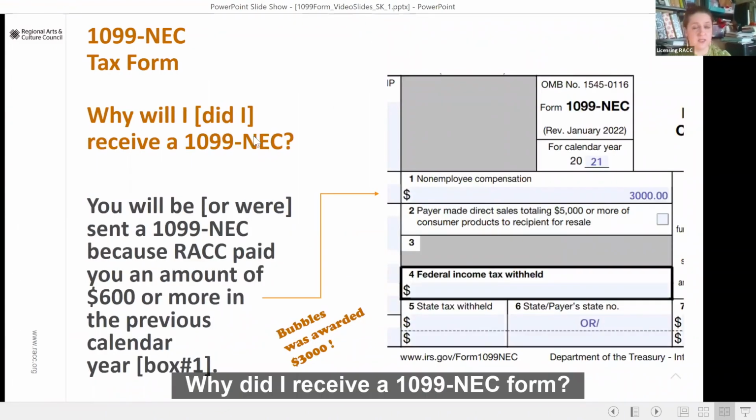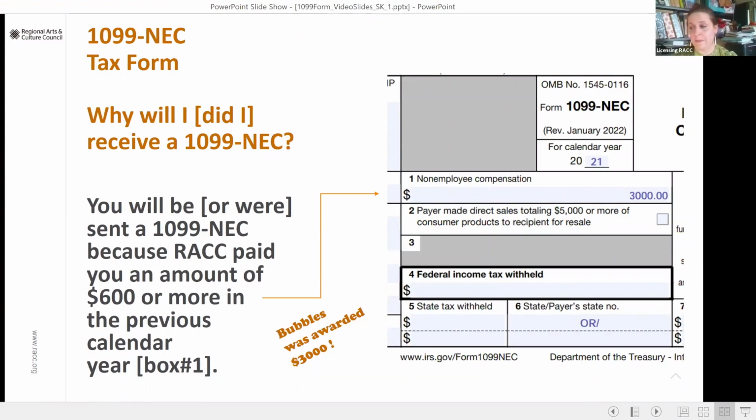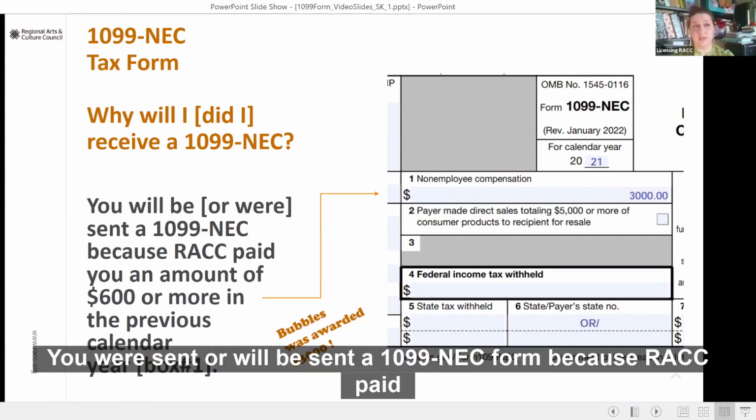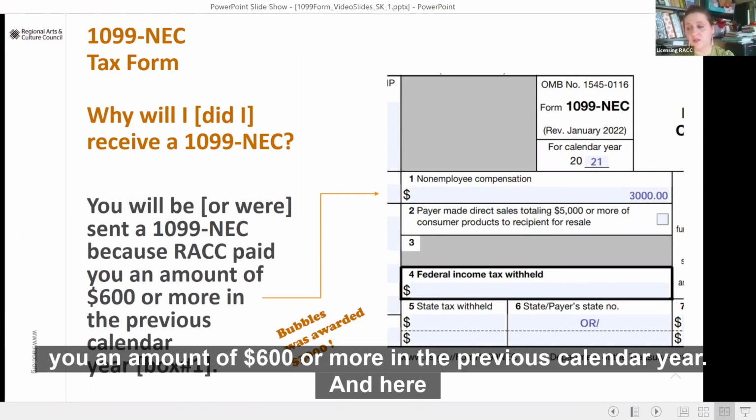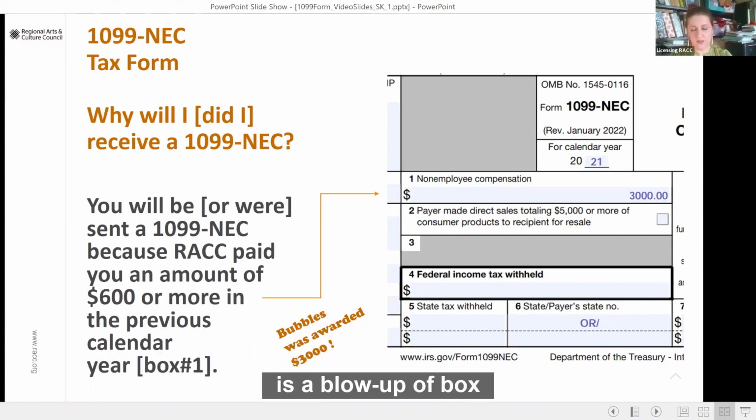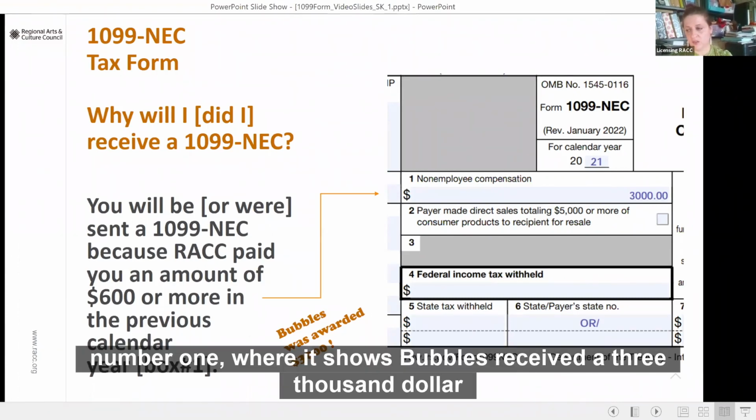Why did I receive a 1099 NEC form? You were sent or will be sent a 1099 NEC form because RACC paid you an amount of $600 or more in the previous calendar year. And here is a blow up of box number 1, where it shows Bubbles received a $3,000 grant.